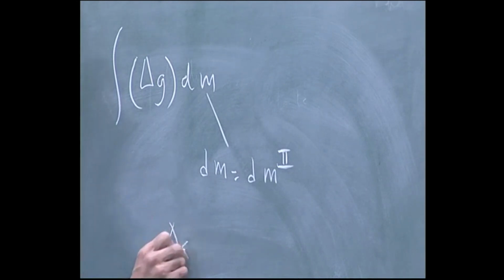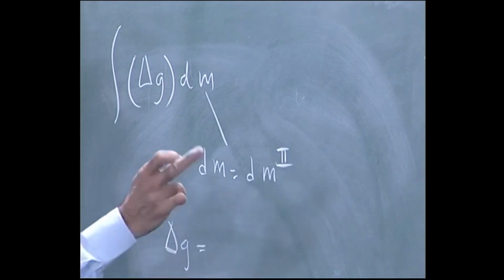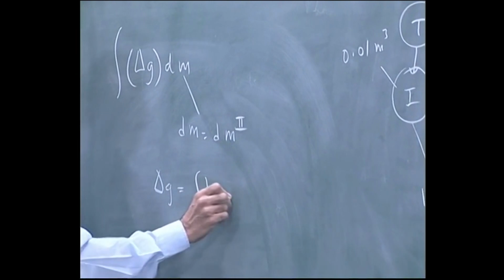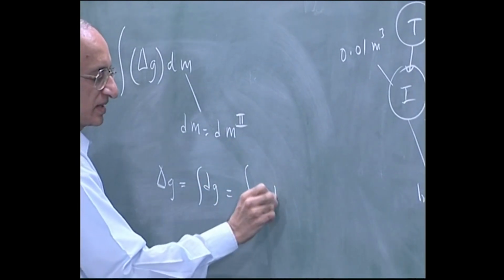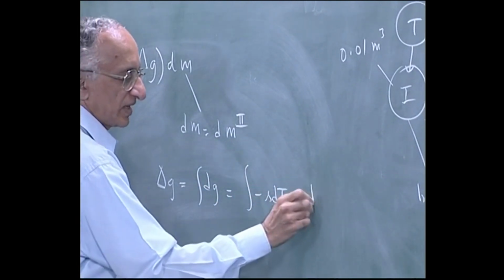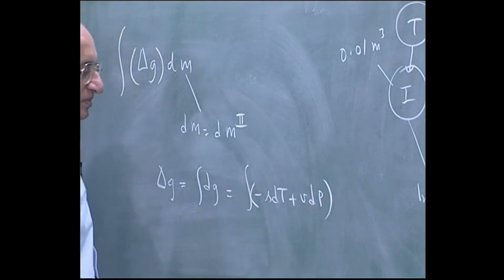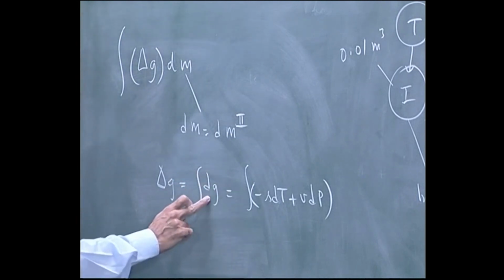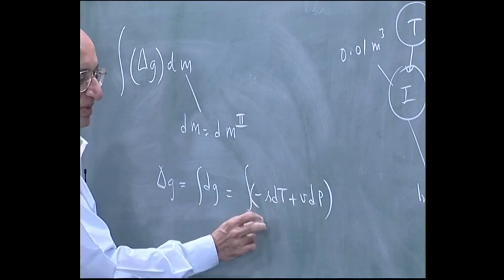Delta G is the difference in free energy between tank 1 and tank 2. So this is integral dG equals integral of minus S dT plus V dP. Now this is just a thermodynamic property per mole, therefore it is like the closed system equations.